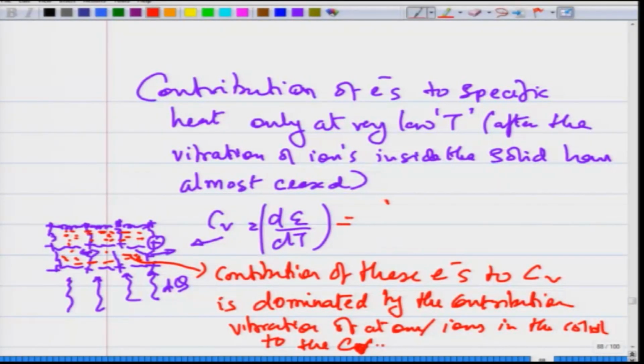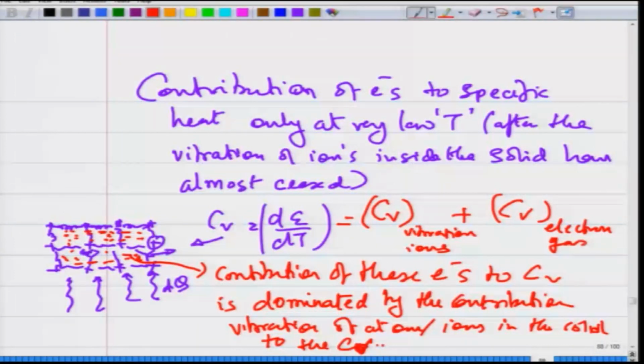So, CV has two contributions: one from vibration of ions in the solid and one from the electron gas. Only at low temperature, when you can eliminate the effect of this vibration of ions, do you start seeing the effect of this electron gas.